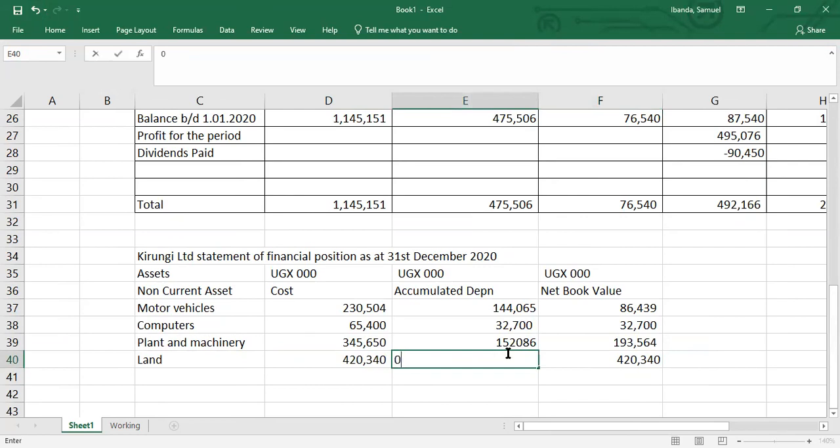Of course, depreciation is 0. And if all that is your non-current assets, then you can find the total and call it total non-current assets.